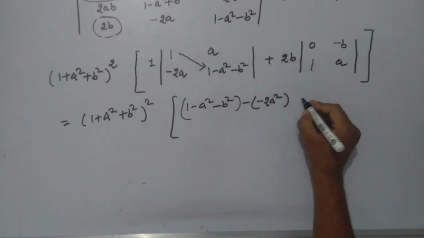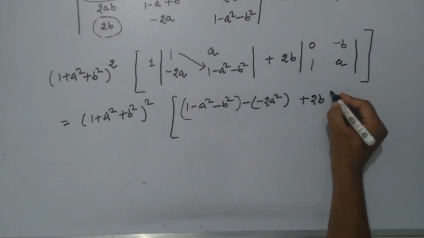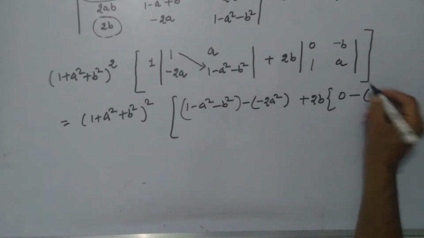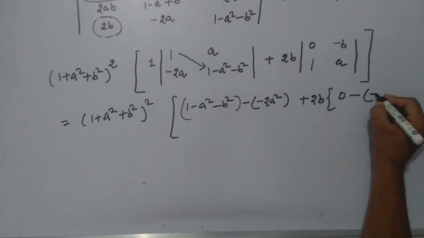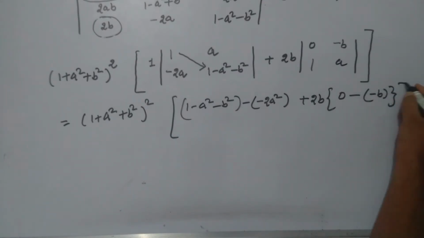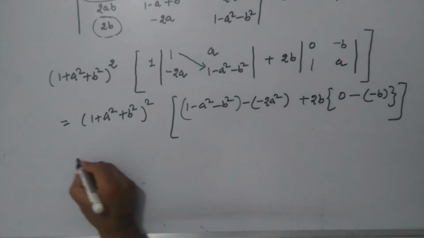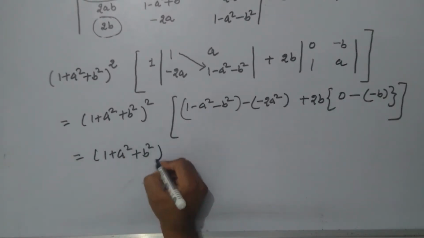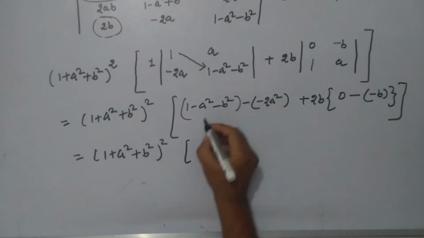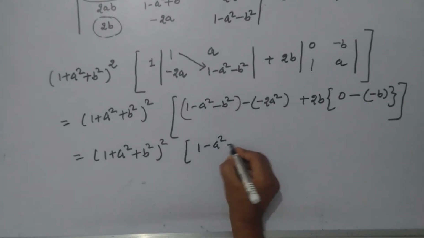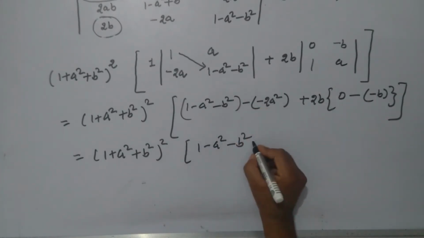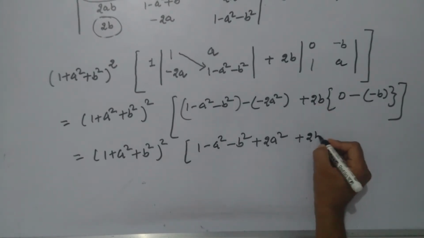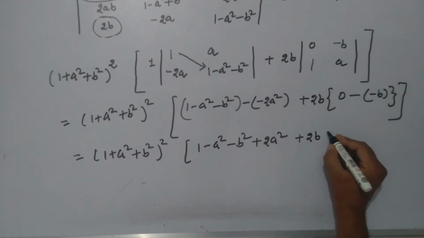Next, plus 2b into 0 into a, 0, minus by default 1 into minus b, minus b. So next this is equal to 1 plus a square plus b square its whole square bracket, 1 minus a square minus b square minus minus plus 2a square plus 2b minus minus plus b.